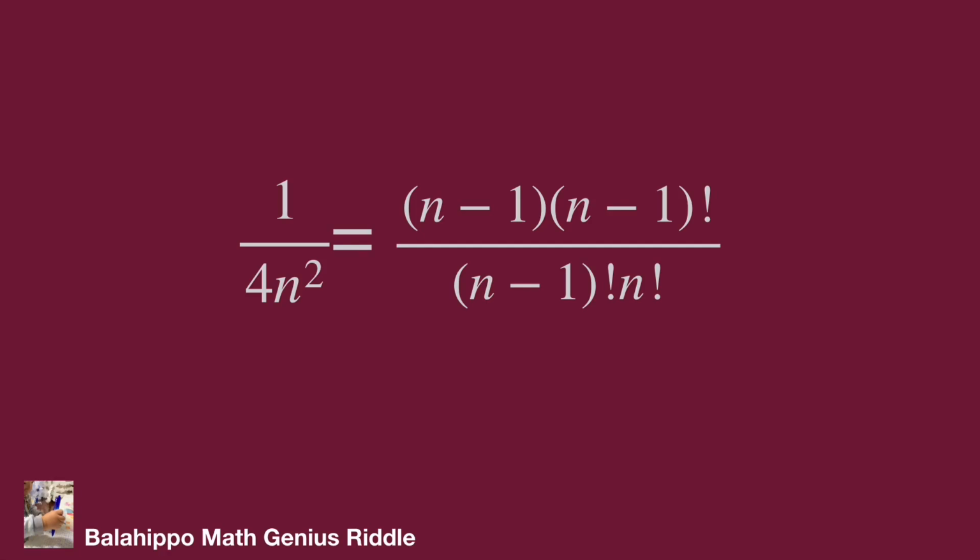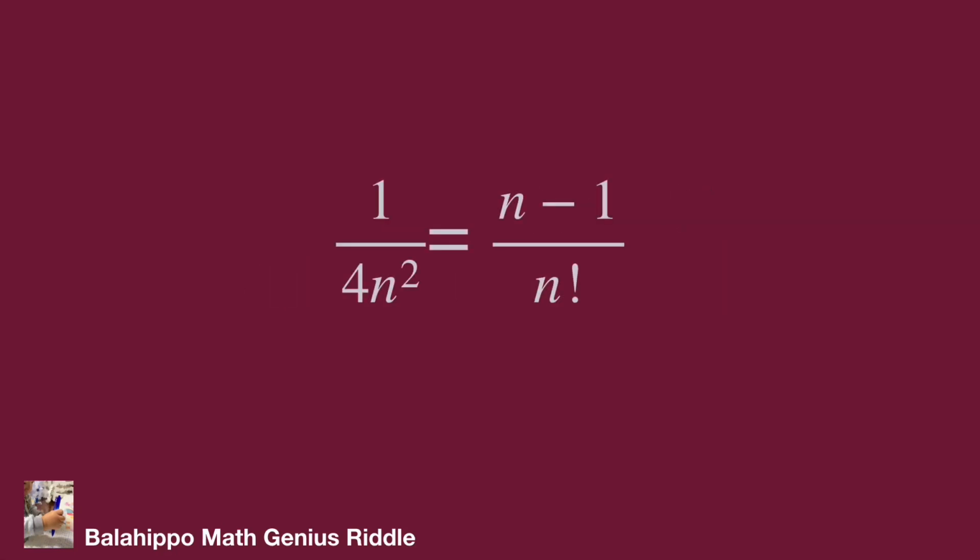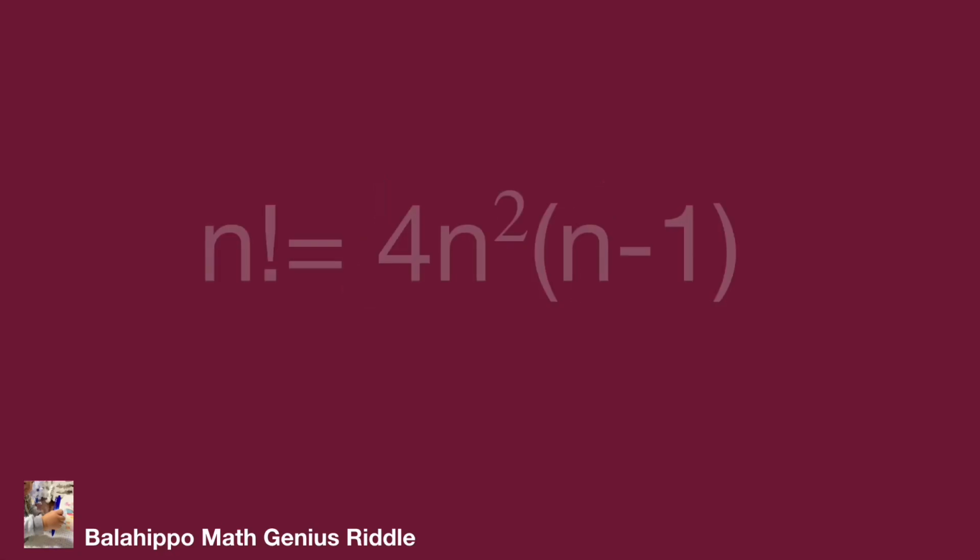Since (n−1)! is not equal to 0, eliminate it, so 1/(4n²) equals (n−1)/n!. Okay, now we have a simple result. After that, develop these two fractions as n! equals 4n² times (n−1).